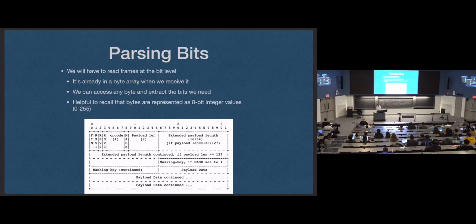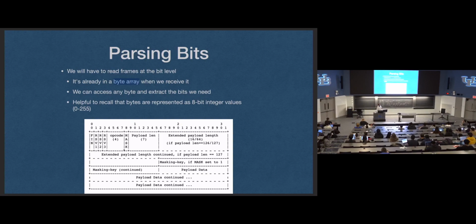So no matter what language you're using, you're going to have a byte array that you read from the TCP socket, and then we can read those bytes according to this protocol. So for example, if we access the first byte of that array, if we say, hey array, give me your value at index 0, and it's a WebSocket frame, we already did the WebSocket handshake and all that stuff, that byte is going to contain the first 8 bits here.